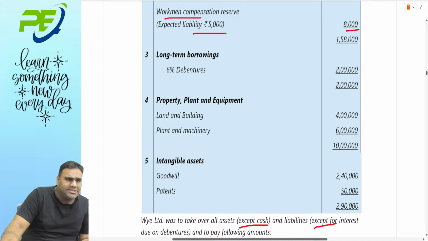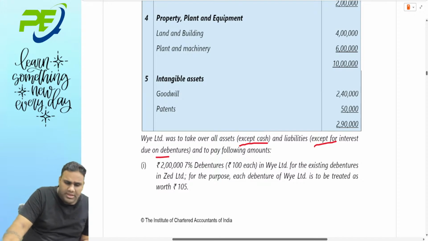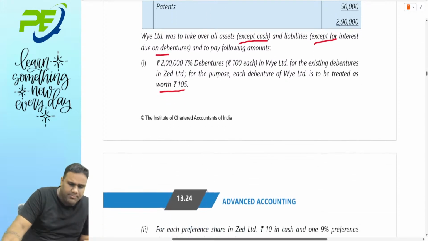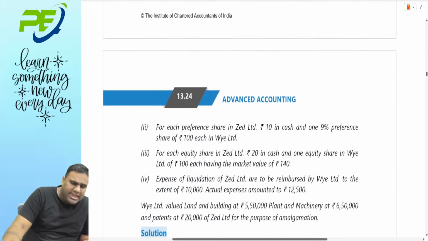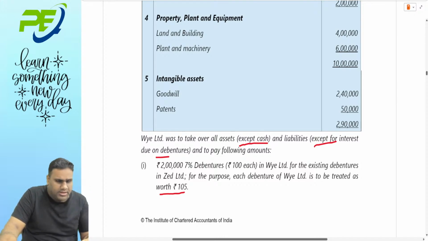Existing, they have 2 lakh debenture. For this 2 lakh debenture, they will give debentures of the purchasing company. Each debenture of Y Limited is to be treated as worth 105. We will do this in the problem. But tell me, will this form part of purchase consideration? No, payment to debenture holders will never form part of purchase consideration.